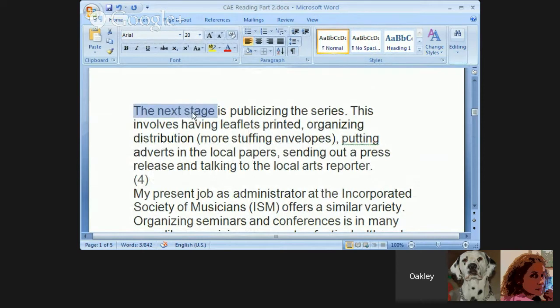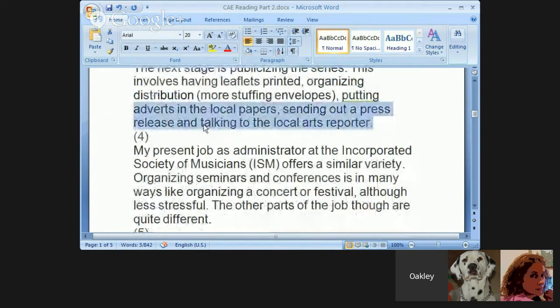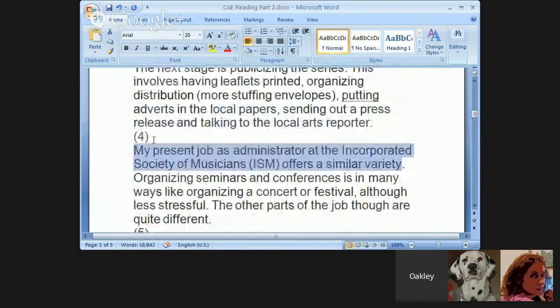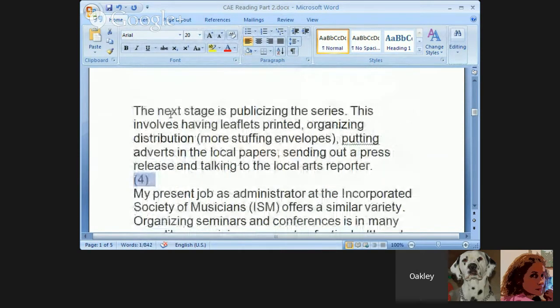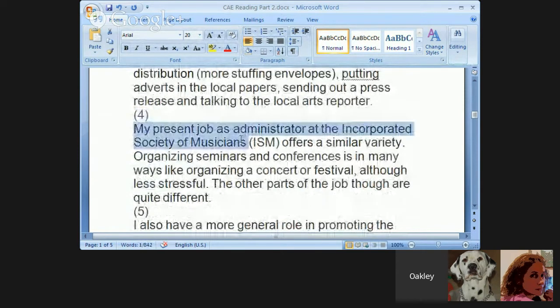This can really help you if you see these kinds of discourse markers, connecting phrases. And then he describes it, and then he just leaves you hanging what the next stage is. And then suddenly we have my present job as administrator. I have a sneaking suspicion number 4 is going to be very difficult, because I have such an abrupt transition from one to the next one. My golly. It's either going to be very difficult or very easy.